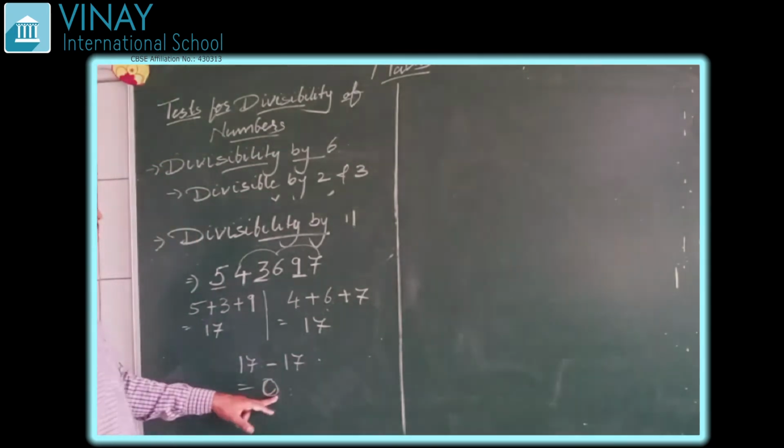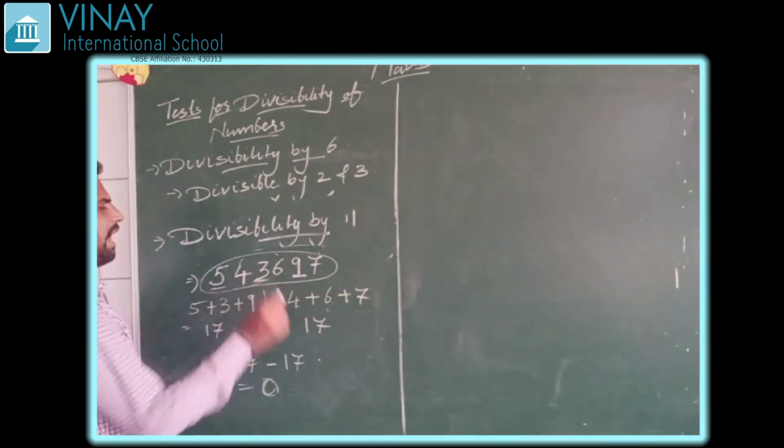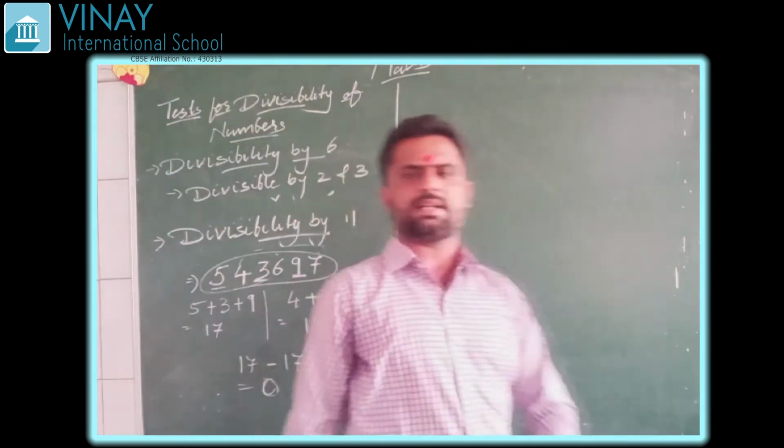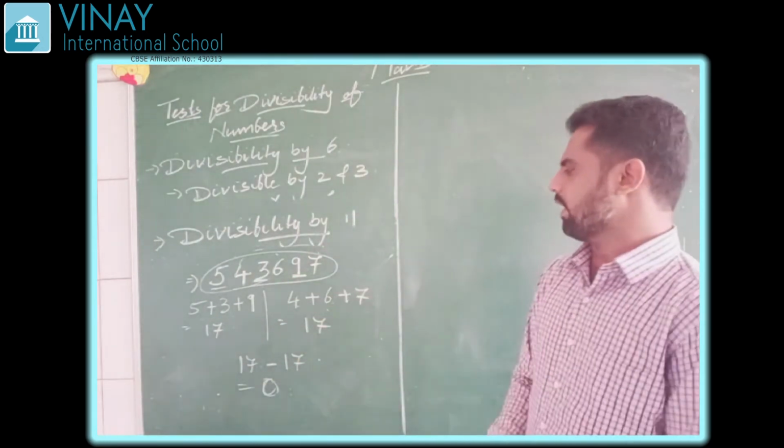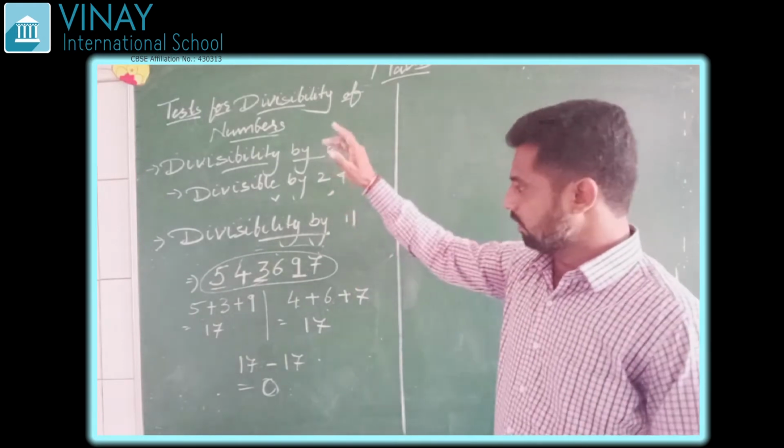Here it comes 0, and that's why this number 5,43,697 is divisible by 11. Why?